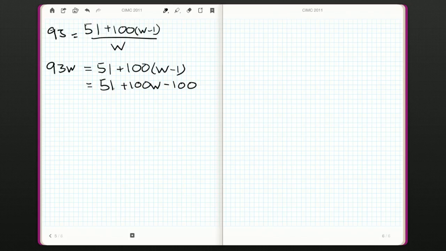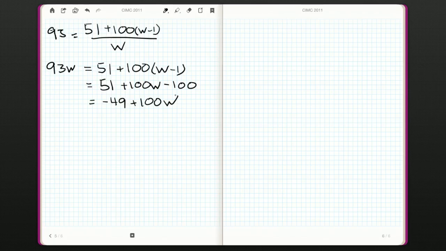Okay. Well, I have this 51 here. I have this negative 100 here. I can cancel these guys out. So 51 minus 100 is going to be negative 49. I can do that with a calculator if I need to. So now I see 93W is equal to negative 49 plus 100W.